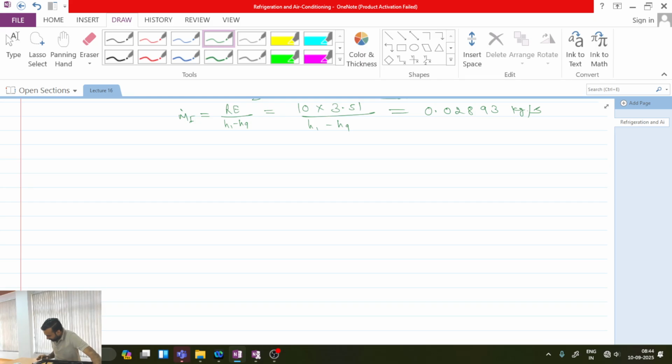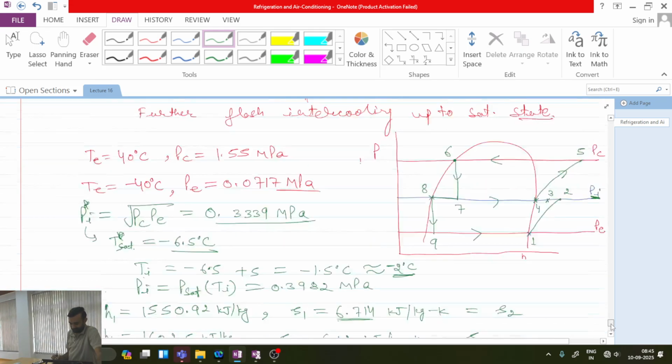Okay, how to calculate M dot HP? This is M dot LP. What will be the mass flow rate of the high stage compressor? What was the relation? Do you remember? M dot HP is equal to M dot LP into... Go here. This is the flash chamber.